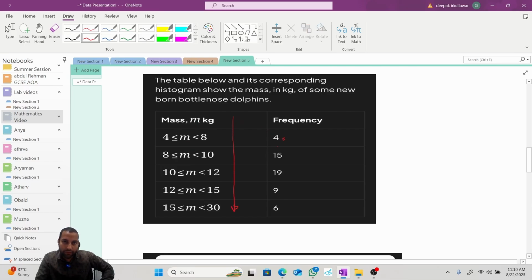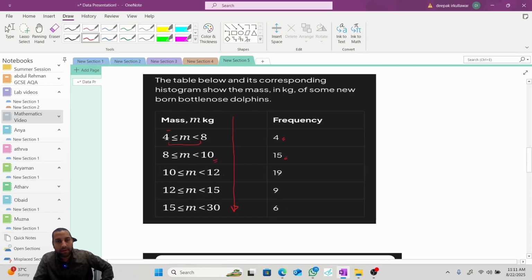That 4 dolphins were born with a mass from 4 kg up to less than 8, so 7 or 7.9, whatever it is. So mass greater than or equal to 4 and less than 8, how many dolphins were born? 4 dolphins were born. Mass greater than or equal to 8 and less than 10, 15 are born.